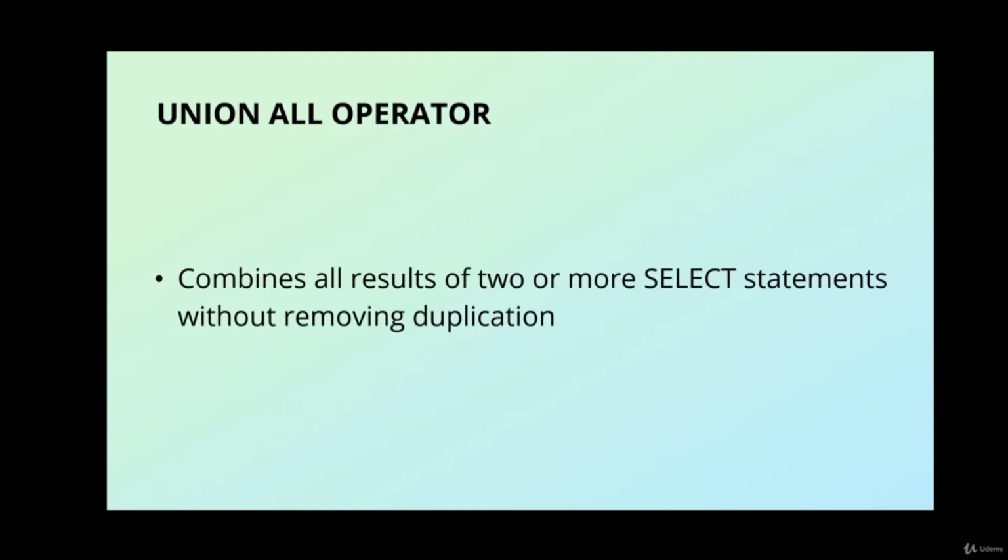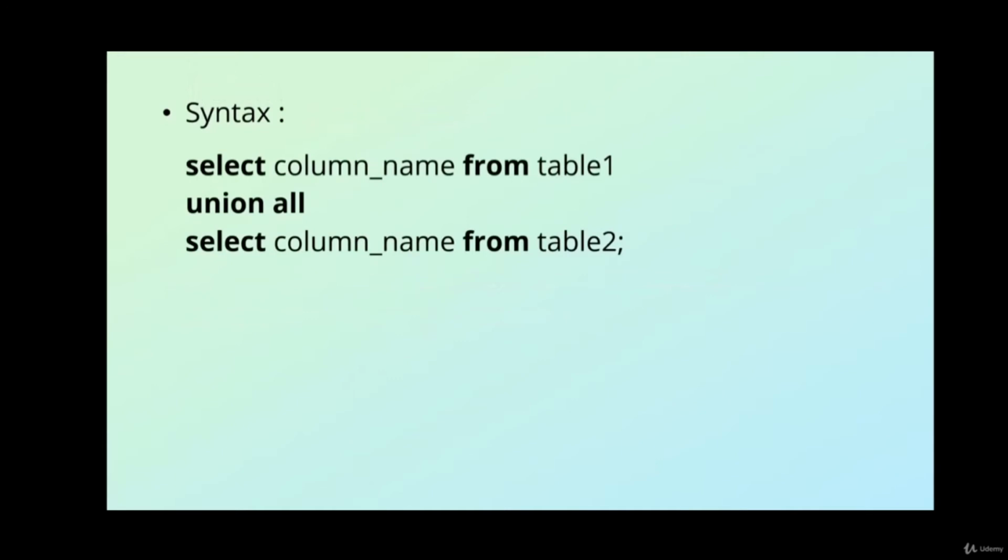Next is the union all operator. How is this operator different from the union operator? It will combine two tables without removing the duplicate rows. That is, it will retain the duplicate rows. The syntax for the union all operator is select column name from table 1, union all, select column name from table 2.